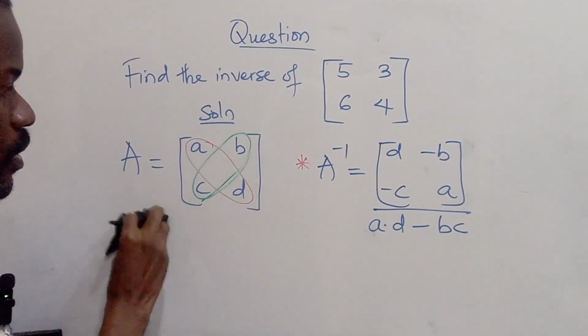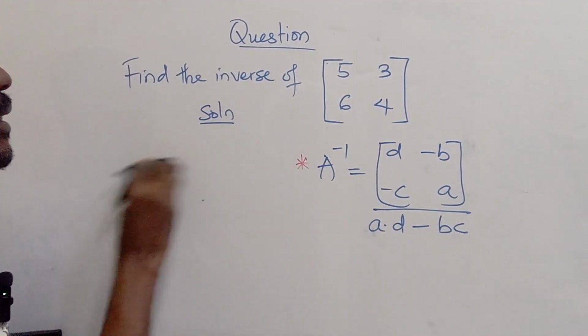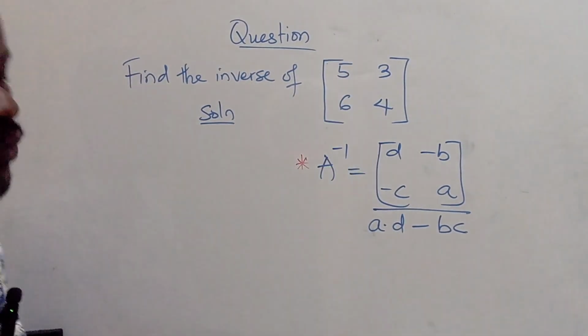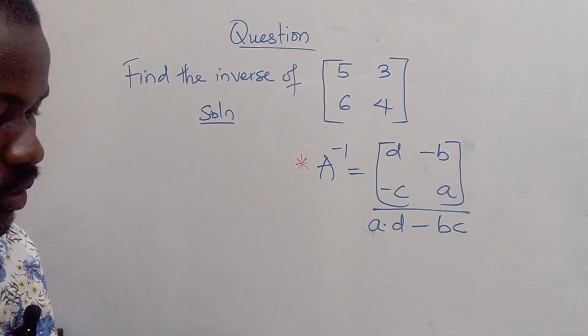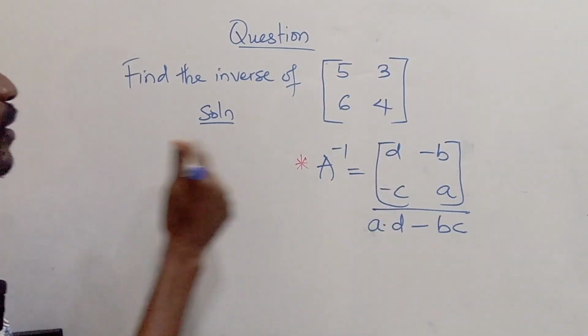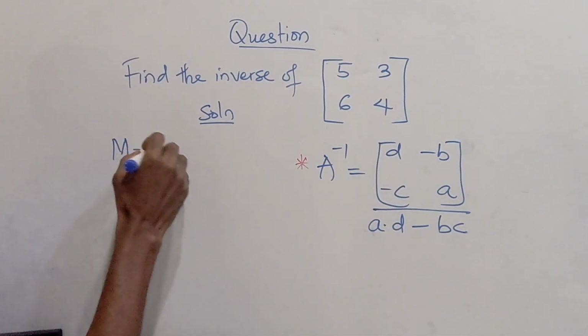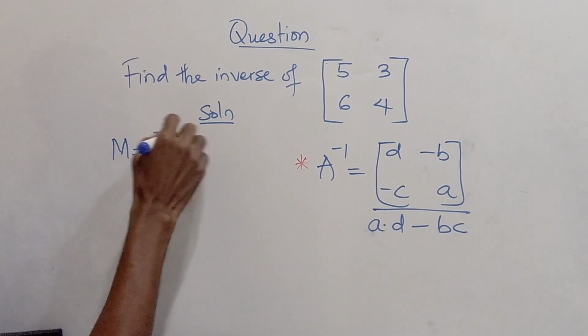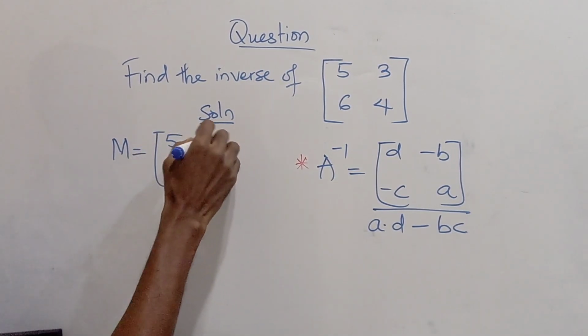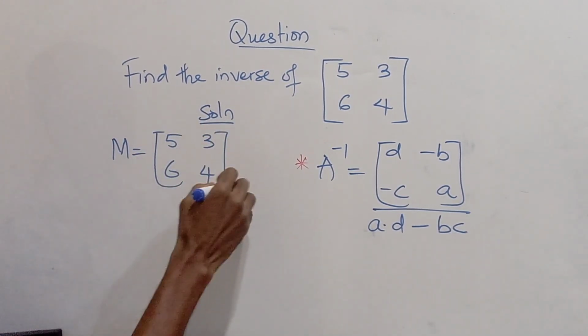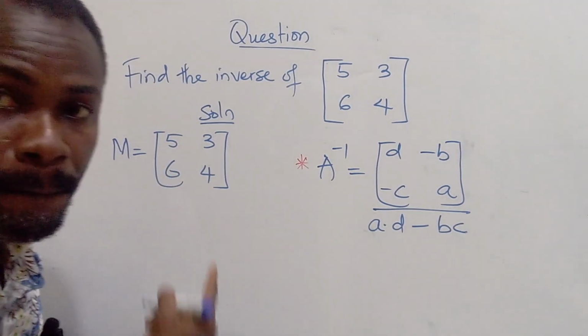So let's apply this formula to what we have here. Let me call this matrix N. Matrix N is of the order 2 by 2, which we have the elements as 5, 3, 6, 4.